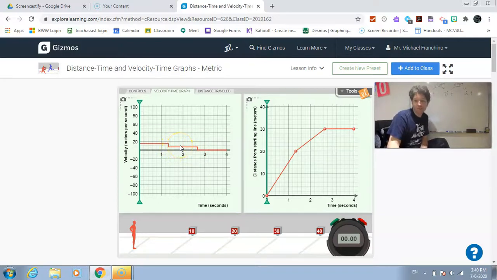So 1.4 times, I don't know, 8, gives you about 10. That 10 is obviously not equal to 30 here, is it? However, it is equal to the change in position from here to here, from 20 to 30. So very important: if we find the area under a VT graph, it doesn't tell you your position, it tells you your change in position.